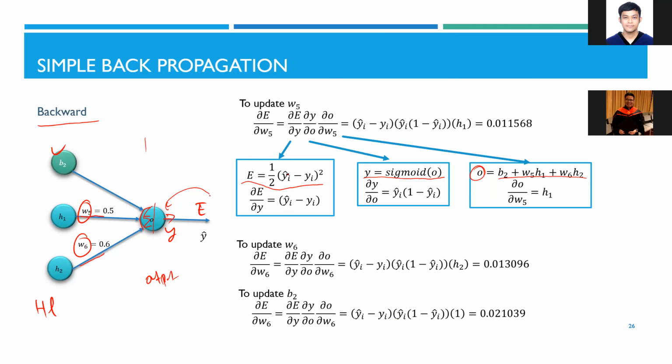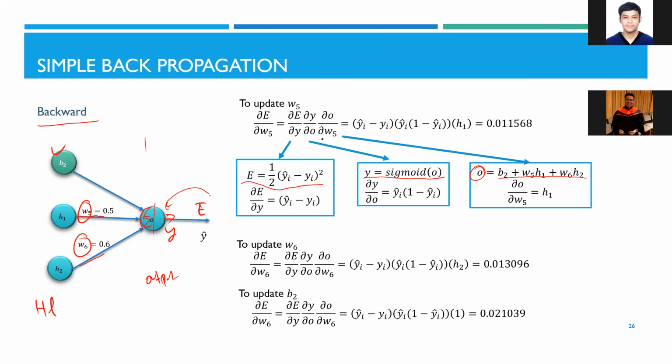Okay. So if we do the backward, we start from the last one into the first one. Here E is a function of Y, so here we derive E over Y. So this is the derivative of 1/2 (Y hat minus Y) squared, this one.